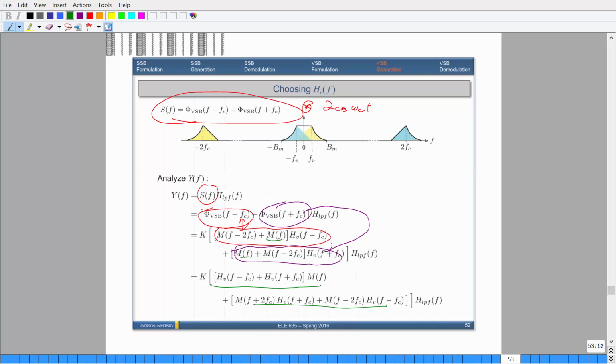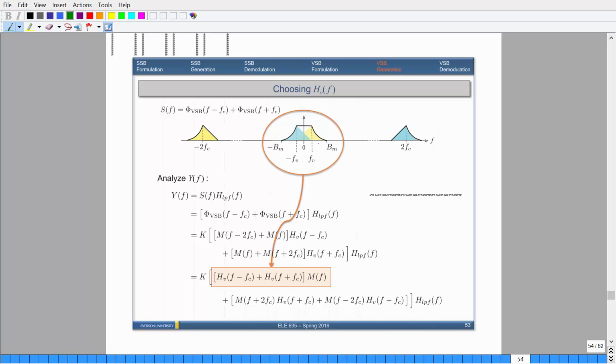So we just did some rearranging. This component here is this guy over here, which makes sense, because you're shifting the spectrum to the left and to the right. These are defined by the plus and the minus 2f_c. So that's what's going on there.